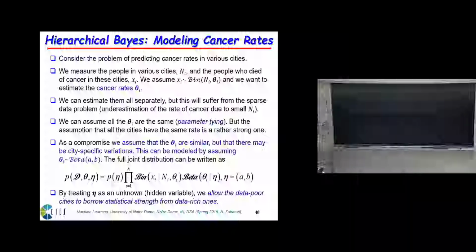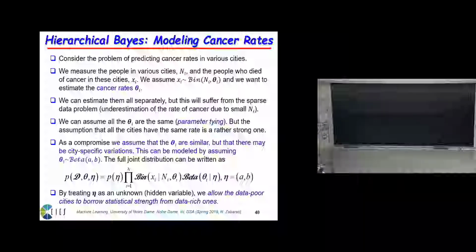Okay? Now, the obvious approach will be, who cares about Chicago if I live in South Bend, right? I'm going to do this for each city differently, and I'm going to calculate the cancer rates independently for each city. And the obvious estimate for θi will be to use the MLE estimate for the binomial distribution.